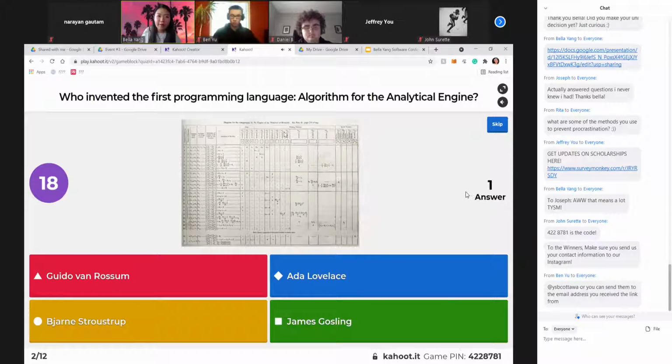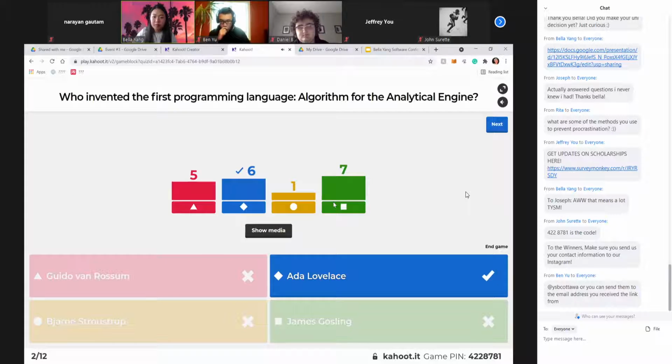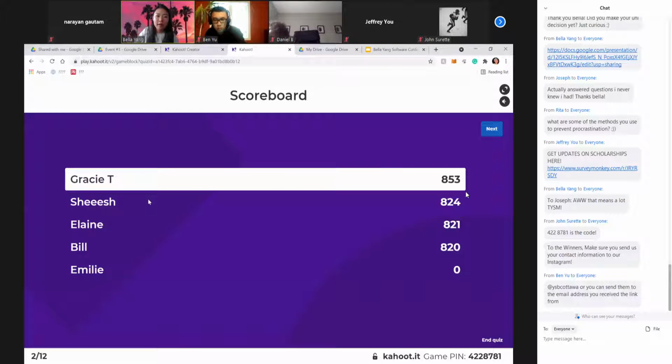Who invented the first programming language, which is algorithm or analytical? Ada Lovelace. She is actually a woman that invented the first programming language, which is pretty cool. Okay, Emily.